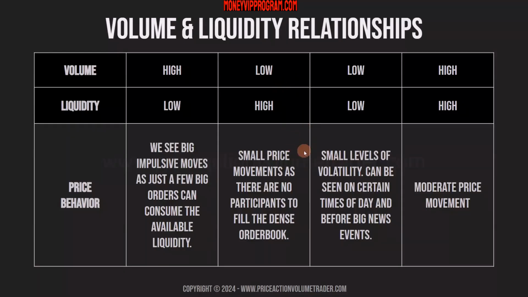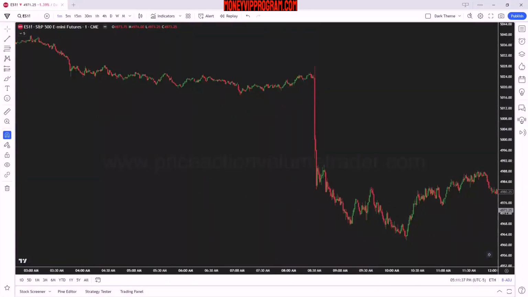The next one is low volume, low liquidity. Similarly, you're going to see small levels of volatility at certain times of day and before big news events. This environment is what we would see right here, right before big news events: low liquidity, low volume.